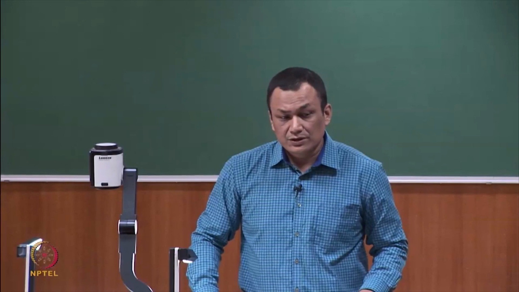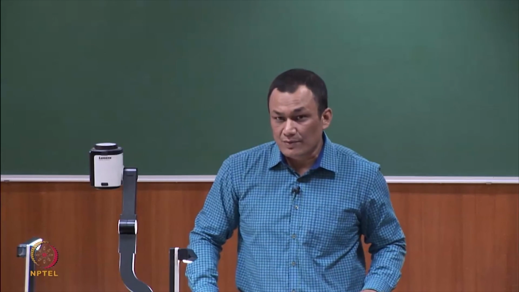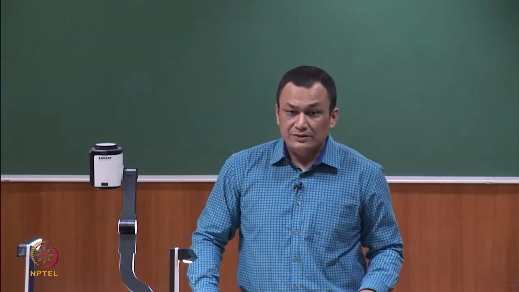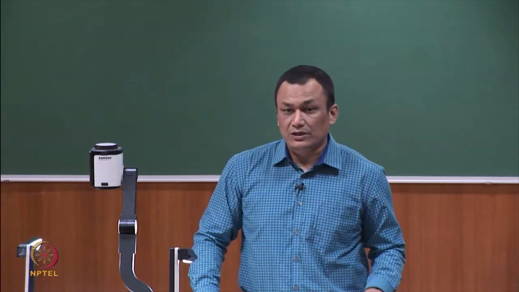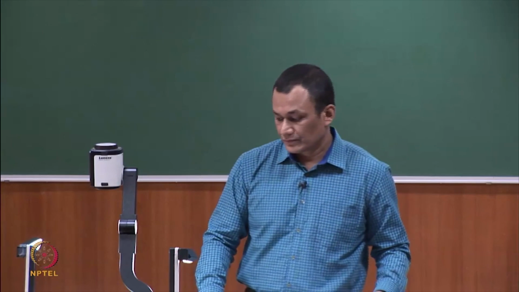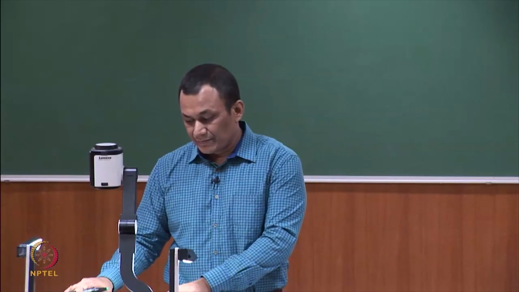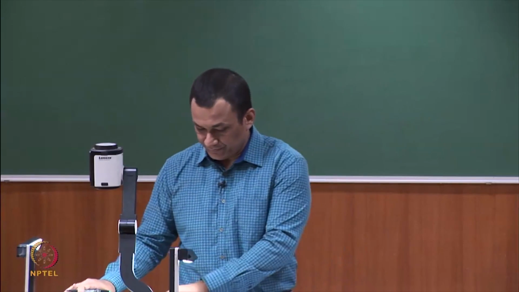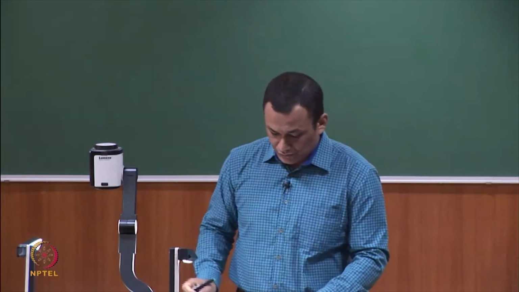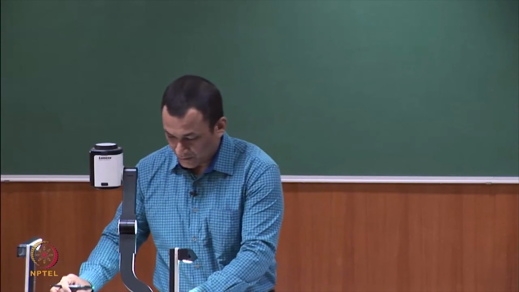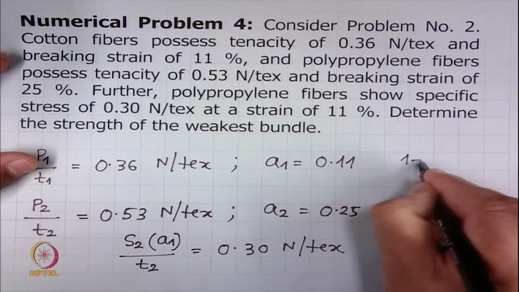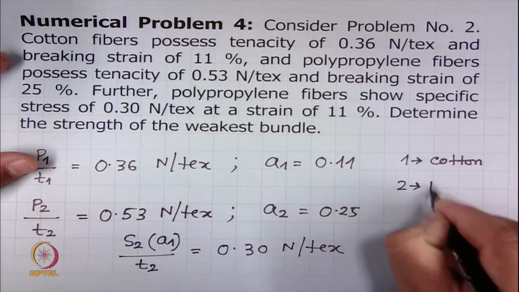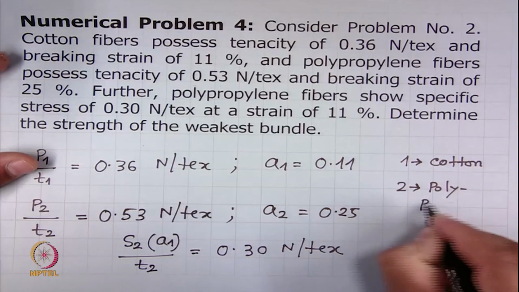Now, we first have to find out the blend ratio at which bundle tenacity will be minimum. Then we have to determine the strength of the bundle at that particular blend ratio. So, let us first determine the blend ratio at which bundle tenacity will be minimum. In this particular problem, subscript 1 denotes cotton and subscript 2 denotes polypropylene.